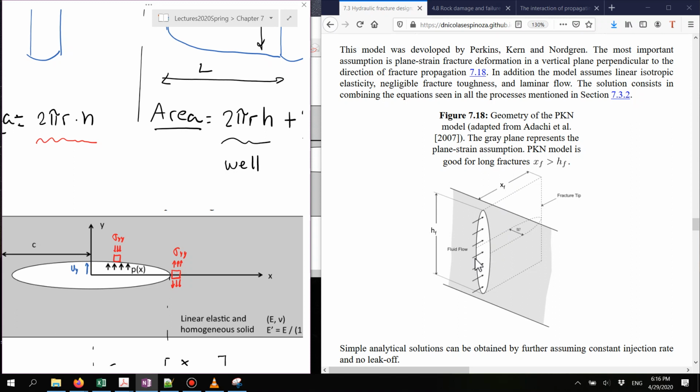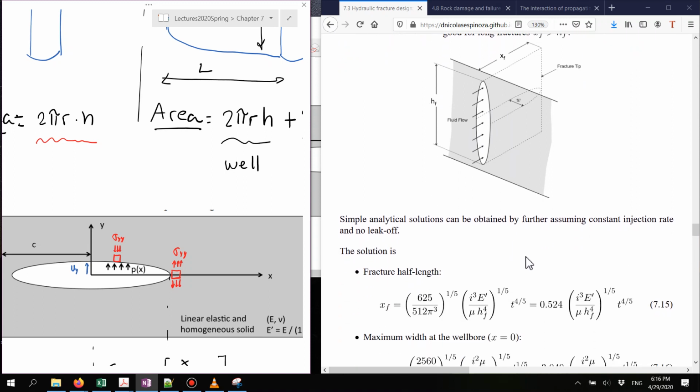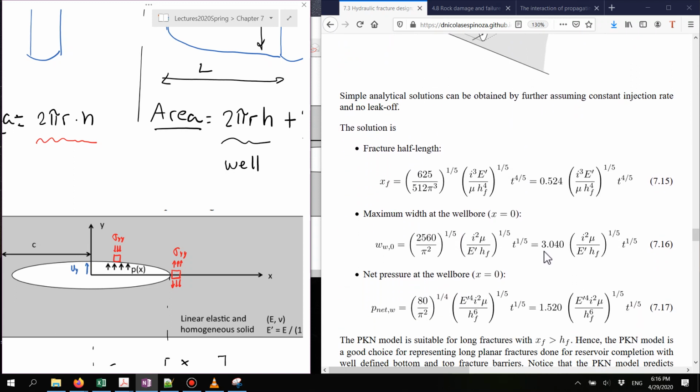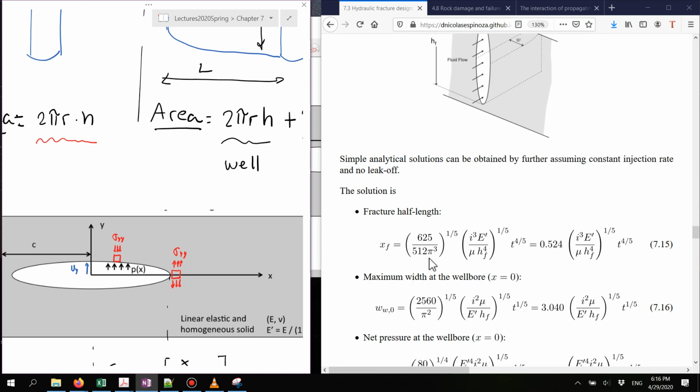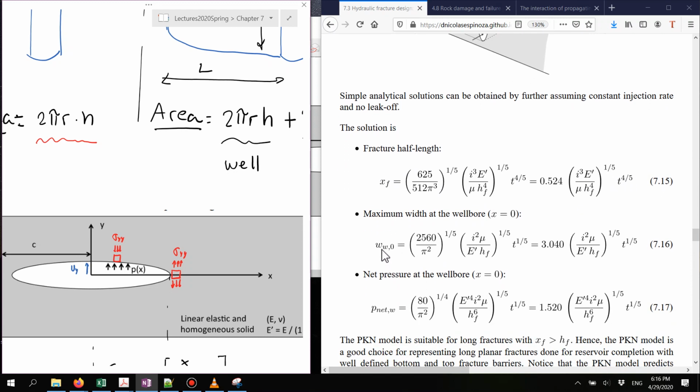And as I was telling you, you just have to put all the equations that we saw before into this problem, and you will be able to obtain these equations that will allow us to predict the fracture half length as a function of time for a constant injection rate, the width of the fracture as a function of time, and also the net pressure at the wellbore as a function of time.